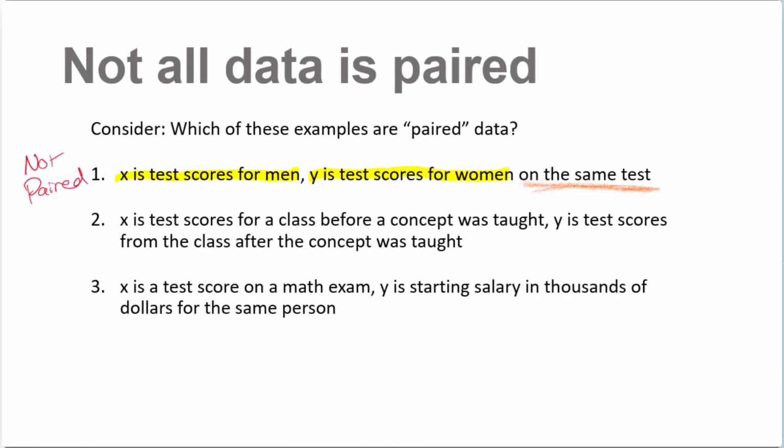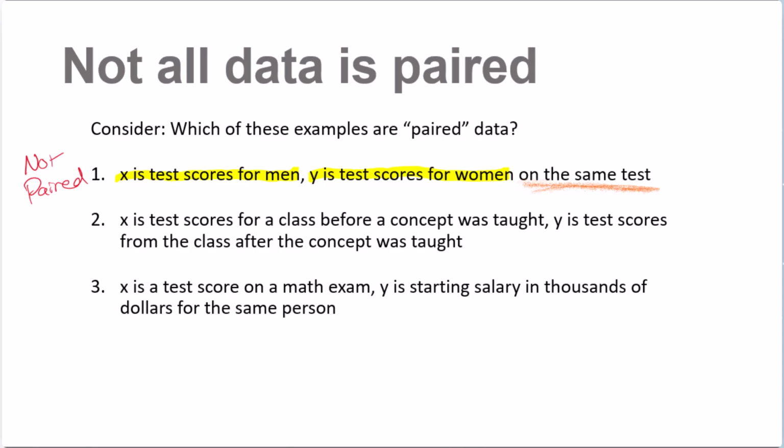You could totally reorganize or resort your X values and keep the Y values the same, and it would still make the same amount of sense. So these are not linked one by one, even though they're from the same context. So we would not do a scatter plot for this. It just wouldn't make sense.